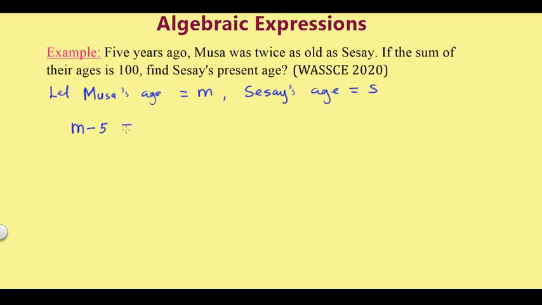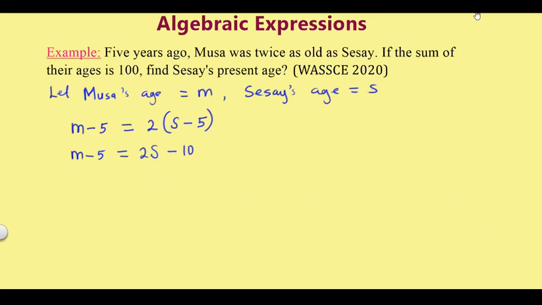That will be equal to 2 times Sisi's age 5 years ago, which will also be S minus 5, because that is 5 years ago. So that will become M minus 5 equals 2S minus 10. We can pin this one down.